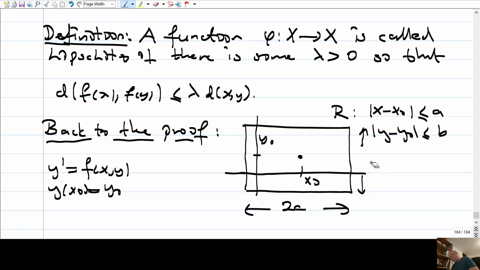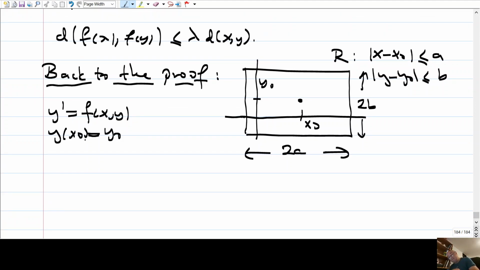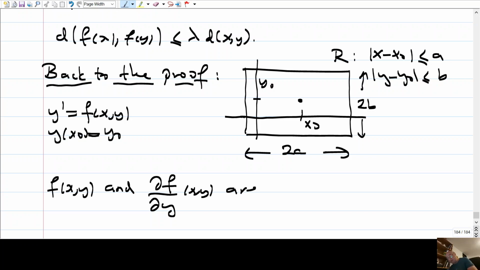Okay, so my assumption is the following: f(x, y) and its derivative with respect to y, both of them, are continuous.